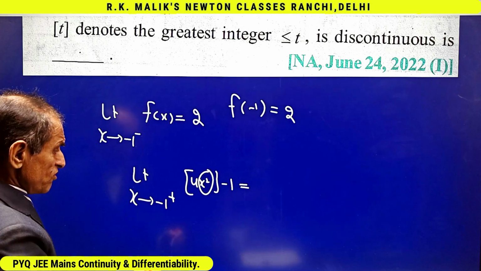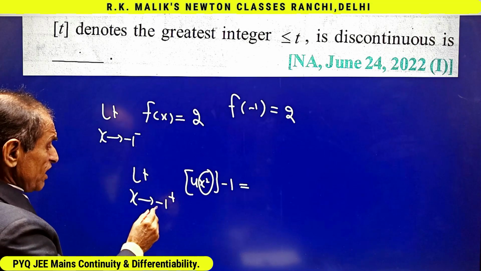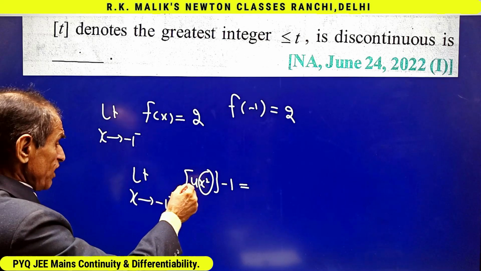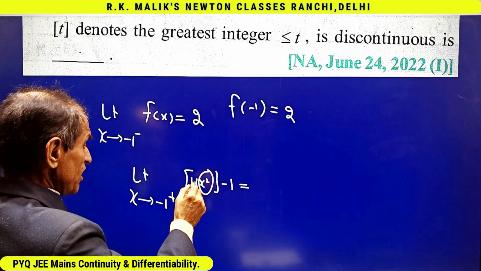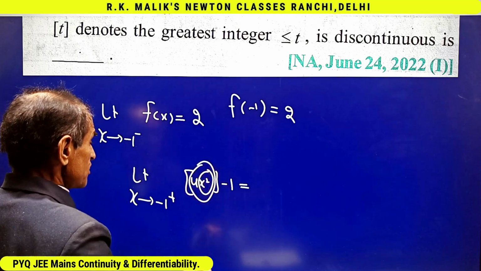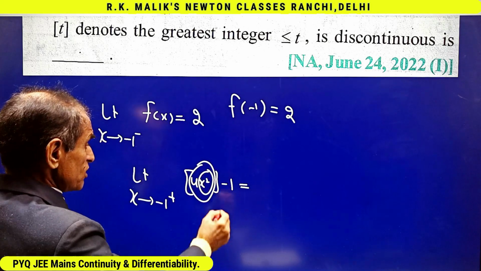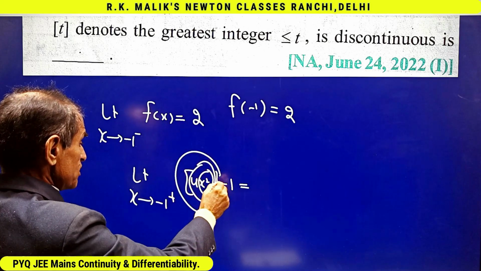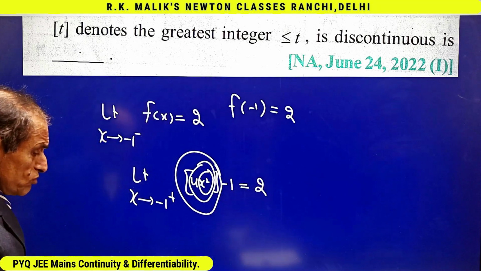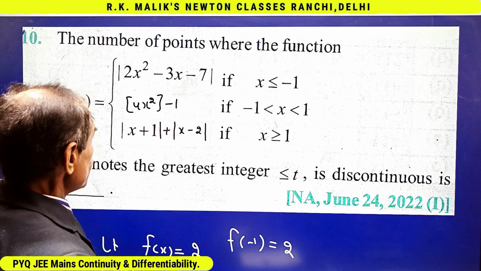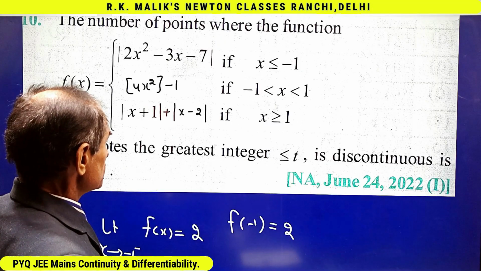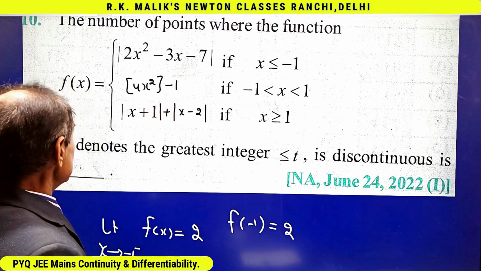Take care, when x is slightly more than minus 1, the value of x square will be slightly less than 1. Hence the value of this whole will be slightly less than 4. Therefore the value of this will become 3. 3 minus 1, 2. Hence the function is continuous at minus 1. And the next point to be checked is x equal to 1.